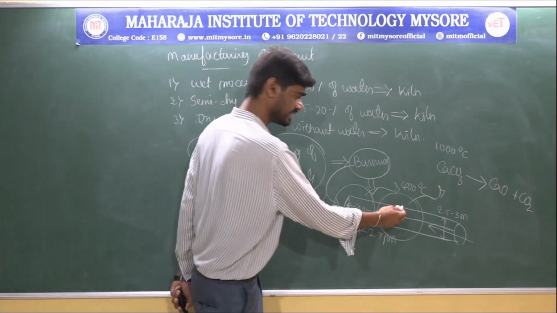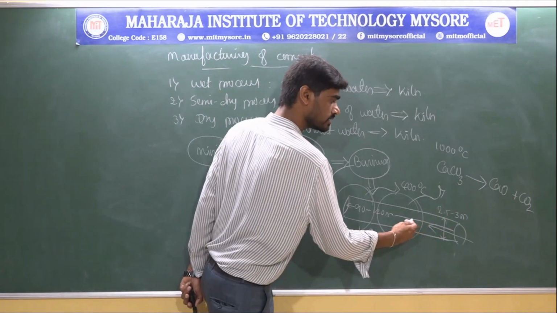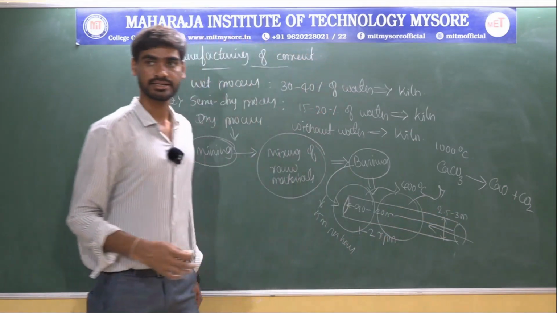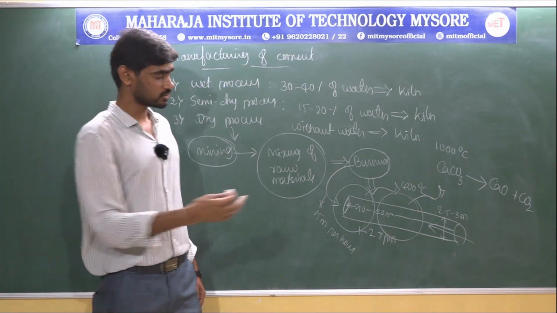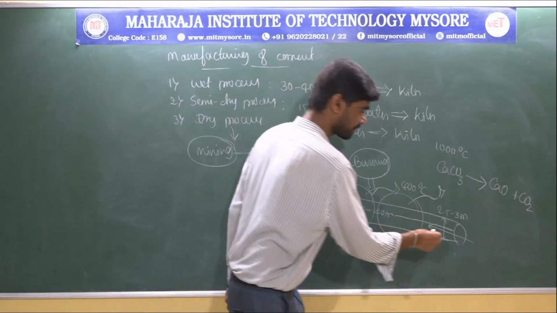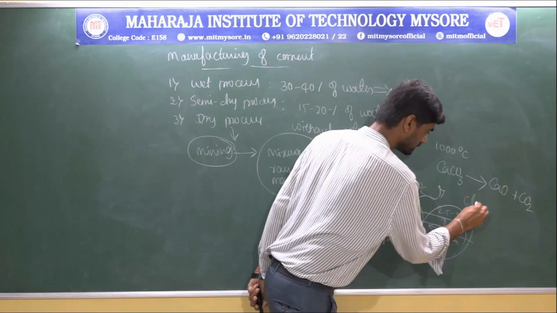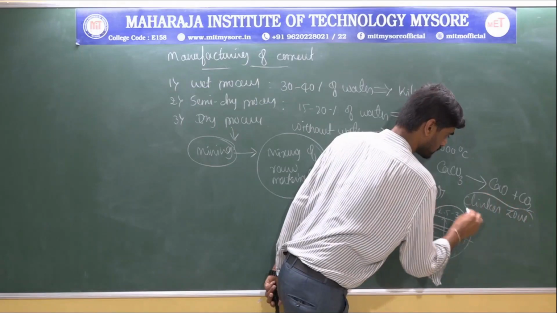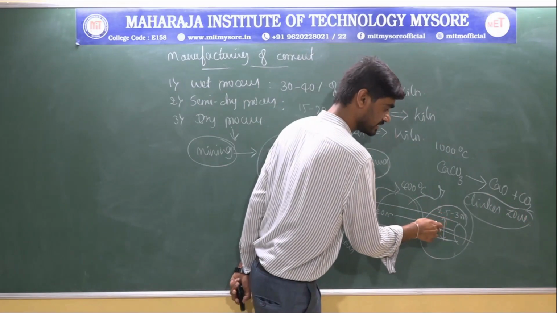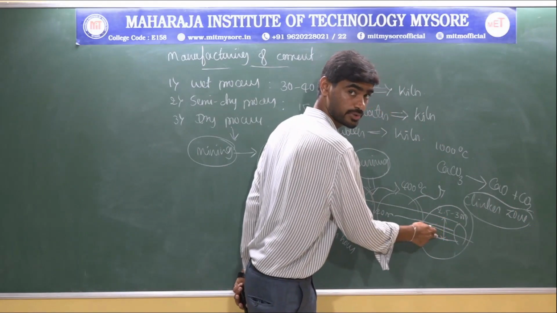And then the resultant raw material is moved towards the lower end. So this region is also called the clinker zone, because this is the region where clinker is produced.